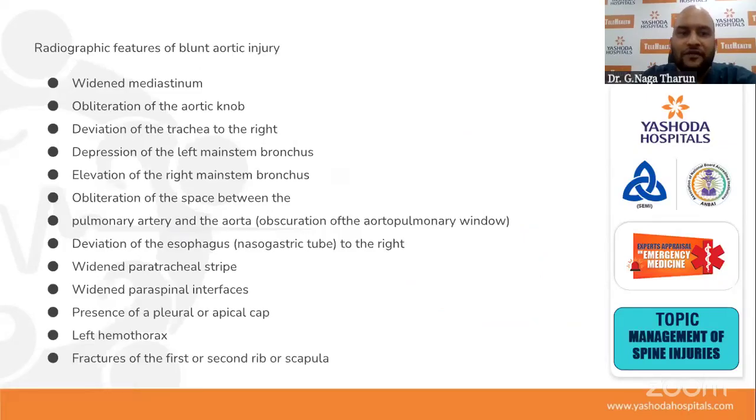The radiographic features of blunt aortic injuries are widened mediastinum, obliteration of the aortic knob, and deviation of the trachea to the right.